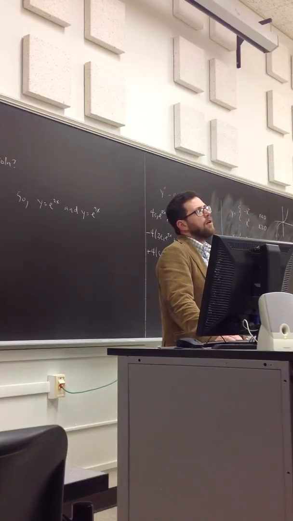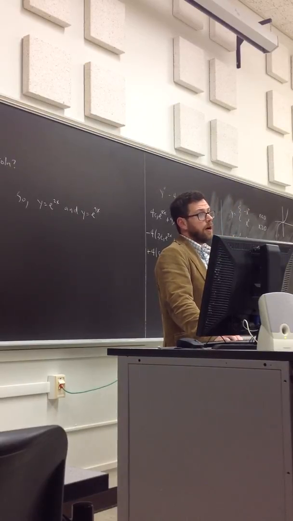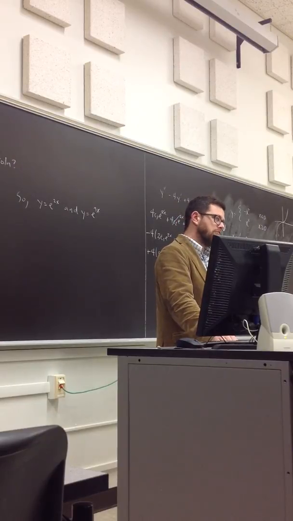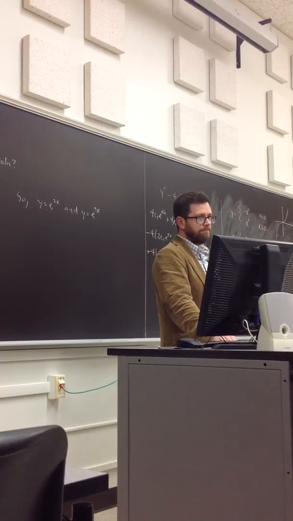Okay. Now, if say the equation contains a second derivative, what would you suspect about that family of solutions? How many derivatives do you need to undo? 2. How many times do you need to integrate? 2. How many arbitrary constants do you introduce? 2. Okay.